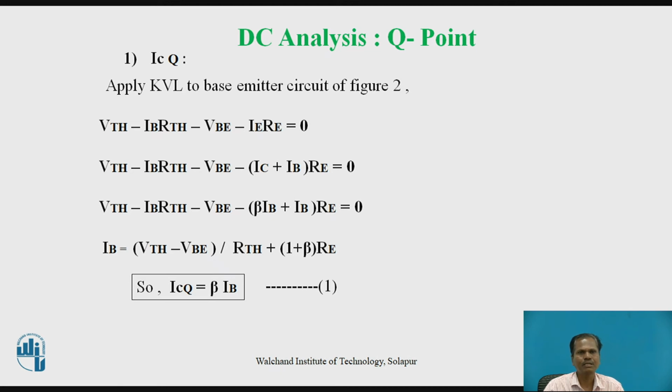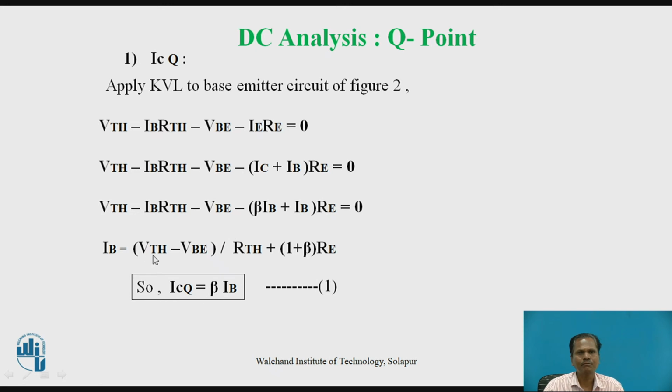So after further simplification: VTH minus IB RTH minus VB minus (beta IB plus IB) into RE equal to 0. Let us rewrite this voltage equation for the input base current IB.